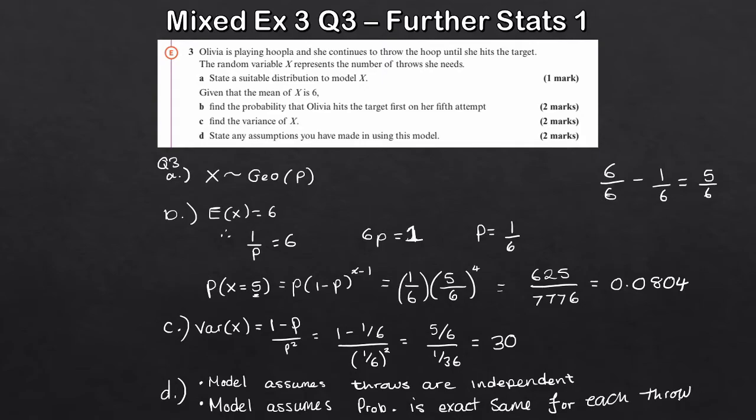Okay, and that's simply what we've got to say for that one. So if you ever see that part saying state any assumptions and using a geometric distribution, those are always your 2 points. Just change it for the context of the question. But like I always say, use the marks as a guide: 2 marks, 2 points. I always advise that as a bit of a guide. So let's move on to the next one.